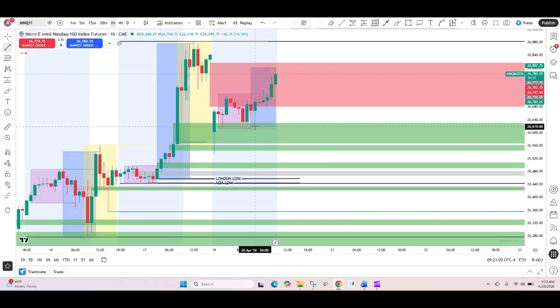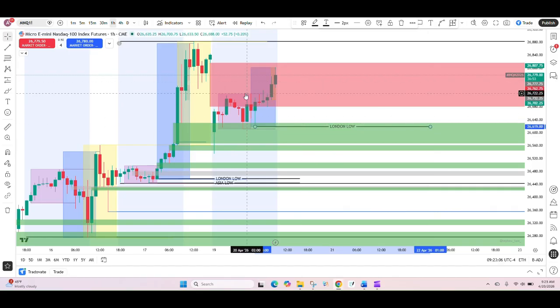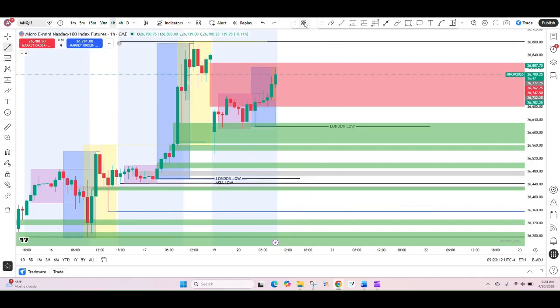So we have London, we're still in London market, but we mark out what that is so far. Asia's high was already taken out. Here's Asia's low that we can mark.